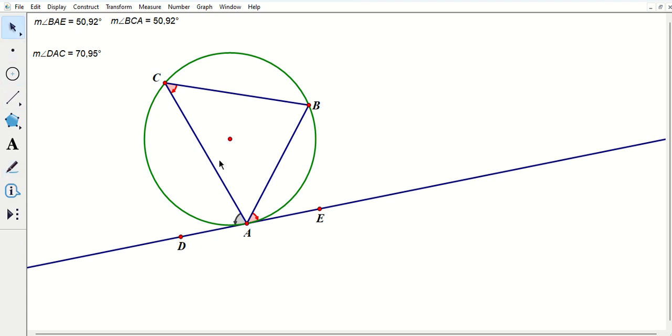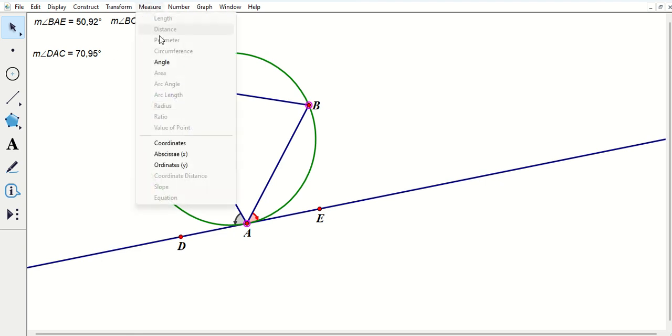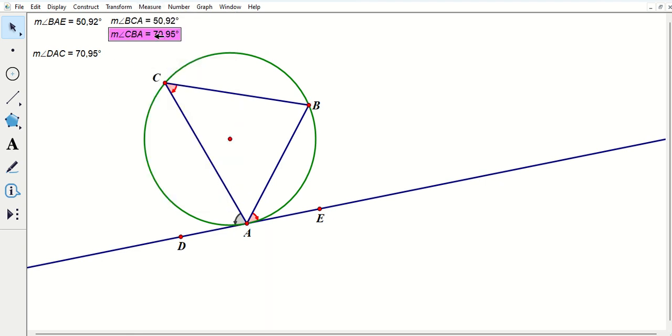And let's see if this angle here is equal to angle B. So also we take angle B and measure. Okay, angle B is also equal to the angle CAD, the gray angle here.